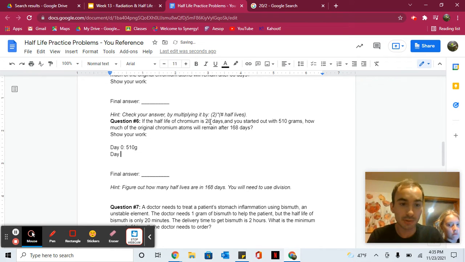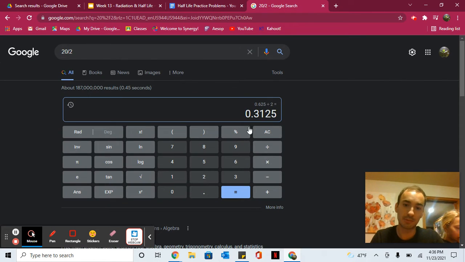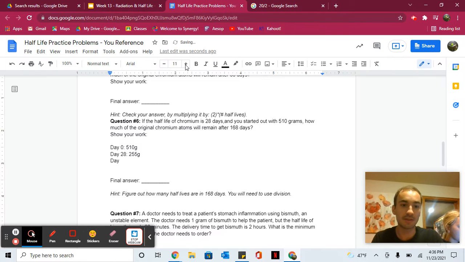Okay, day 28 is the half-life, so at 28 days, it'll cut in half. And then the next half-life, you'll have to do 28 days plus 28 days, 56. So day 56, it's going to get cut in half again.